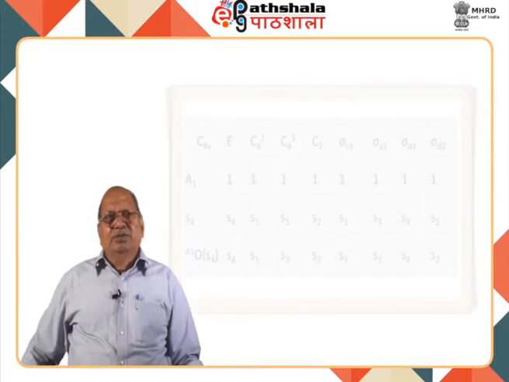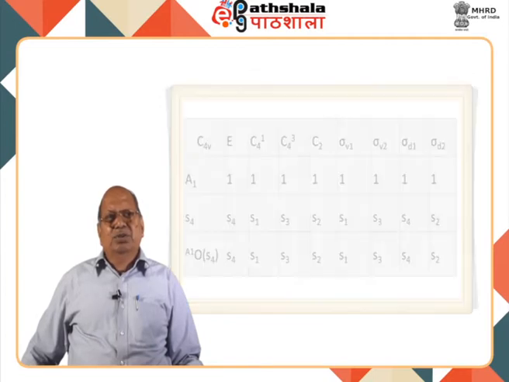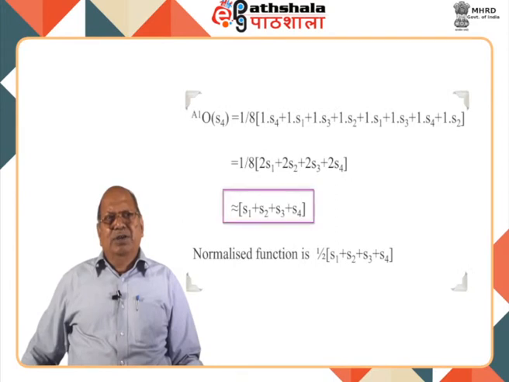Let us now take S4 functions and make use of the projection operators corresponding to B1, B2, E, and again evaluate A1O S4, B2O S4, EO S4, and these results again are summarized into the tables below, and after just calculation it shows that one of the SALCs is the same S1 plus S2 plus S3 plus S4 as given in equation 1.